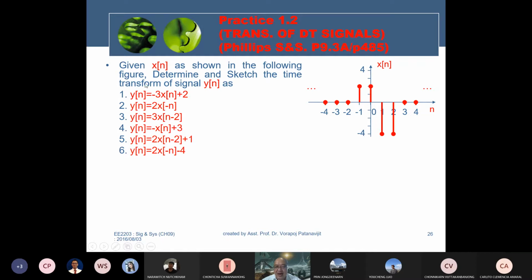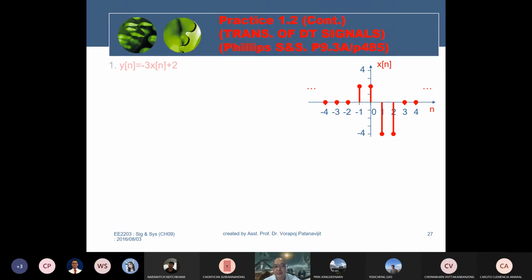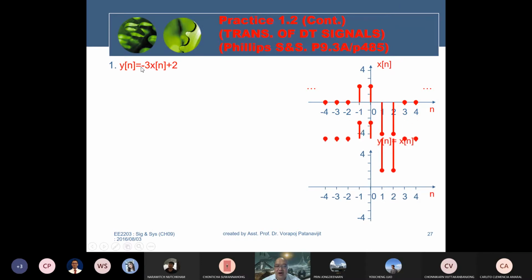For the amplitude transform, you know that we have three transforms: the amplitude reversal, amplitude shifting, amplitude scaling. Now the first one we have here, minus in front of x represents amplitude reversal. 3 represents amplitude scaling. Plus 2 represents amplitude shifting.